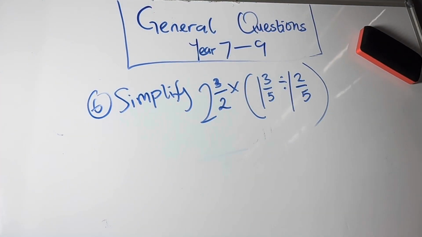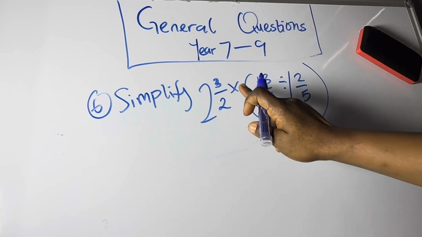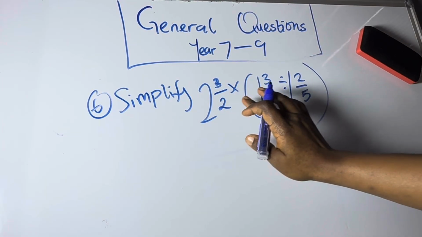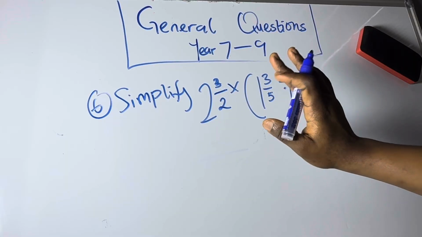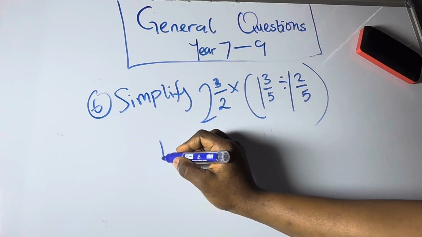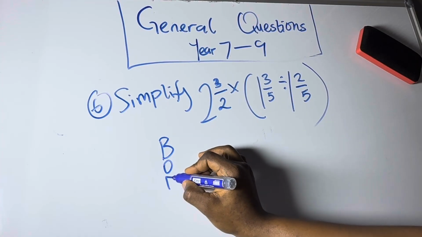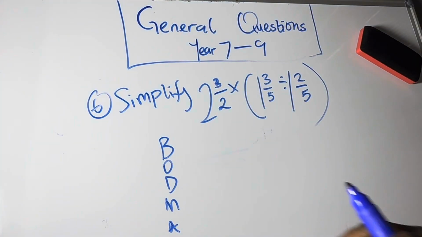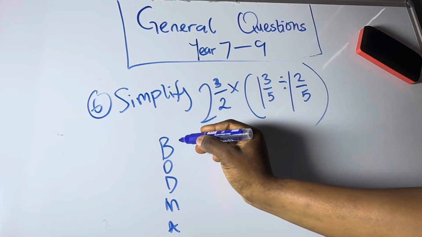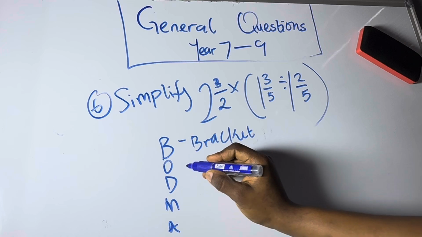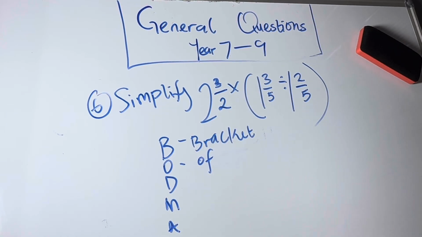Question 6. Now, to solve this question, the first thing you apply is your BODMAS. Now, BODMAS simply means B for brackets, O means of.